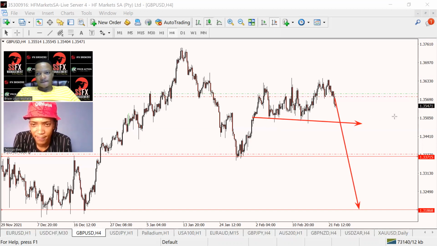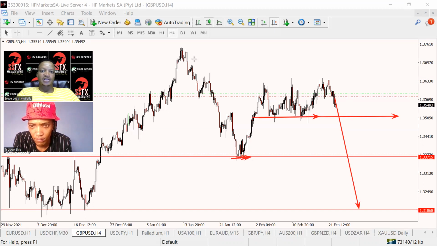All right. From here, there is another support, this one here, but it's not as strong as this one here. You'll see why when we do the ABCD, because using the ABCD strategy, the AB should be equal to CD.